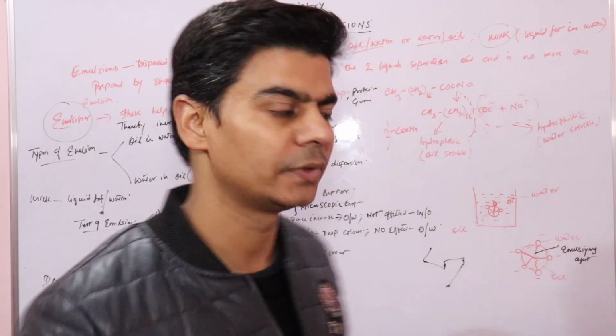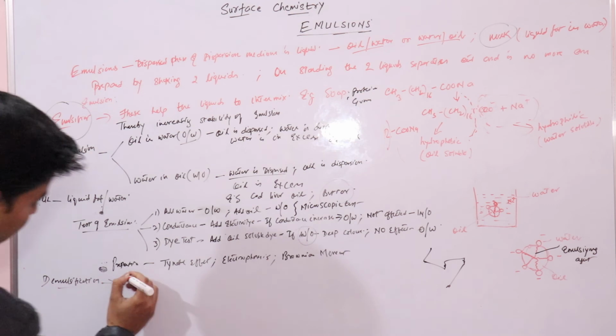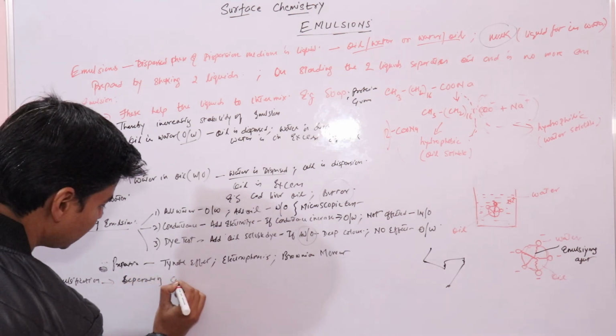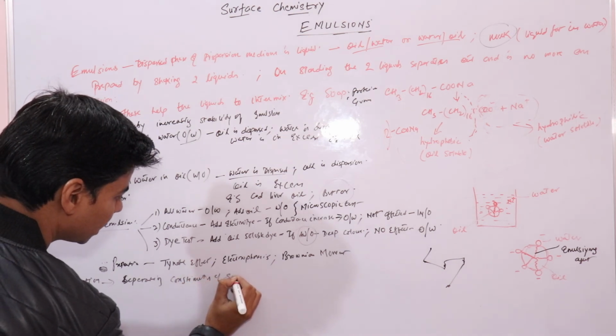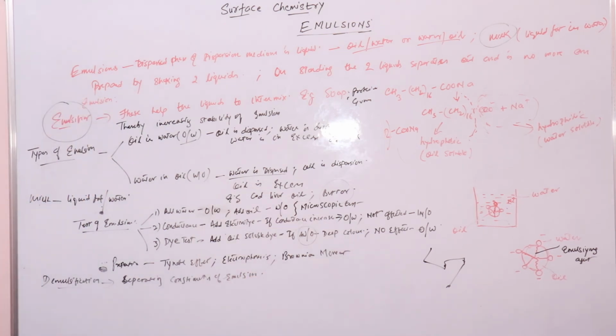So demulsification is the process of separating the constituent liquids of an emulsion, since an emulsion is made up of two types of liquids.